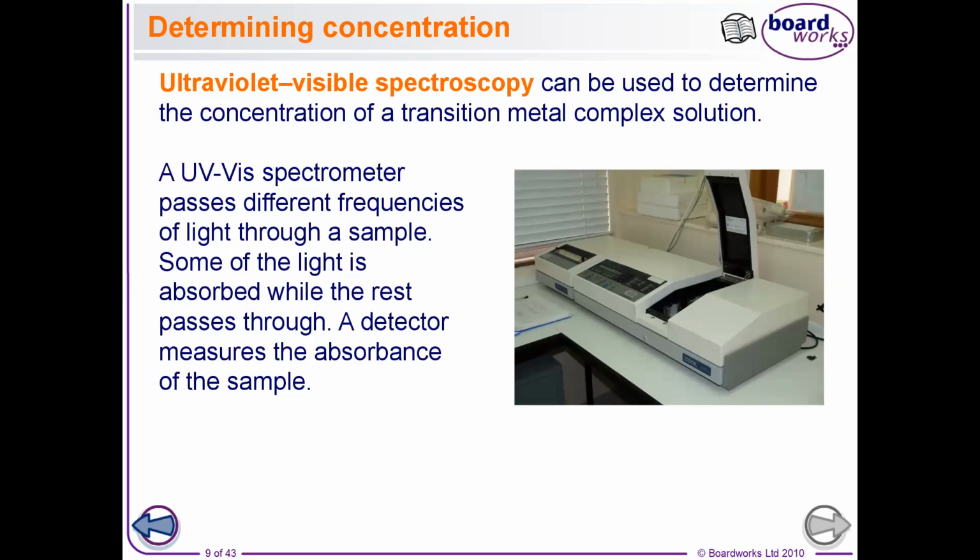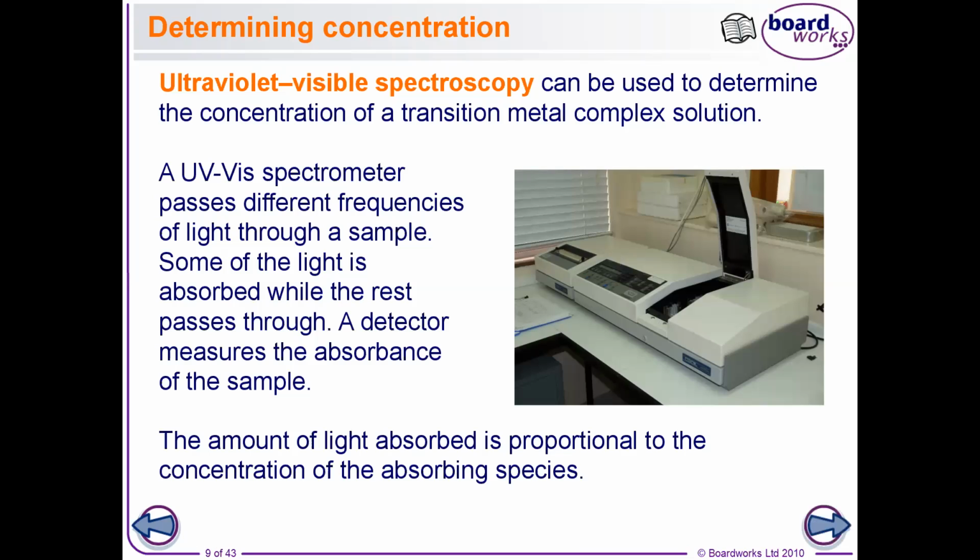Now, the sample is placed in a cuvette, and then it will be placed somewhere here. If not here, it's over here. So the amount of light absorbed is proportional to the concentration of the absorbing species. This is how the ultraviolet visible spectroscopy measures the concentration of a sample.